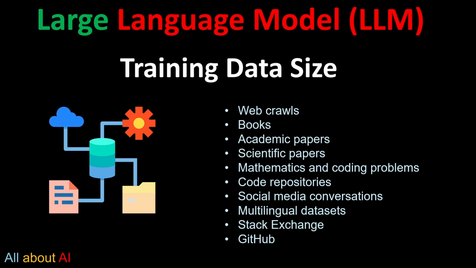The data is collected from web crawls, books, academic papers, scientific papers, code repositories, multilingual datasets, Stack Exchange, GitHub, and many, many more places like private repositories, libraries. One of the reasons we call them large is this sheer volume of data that is being used for training these models.